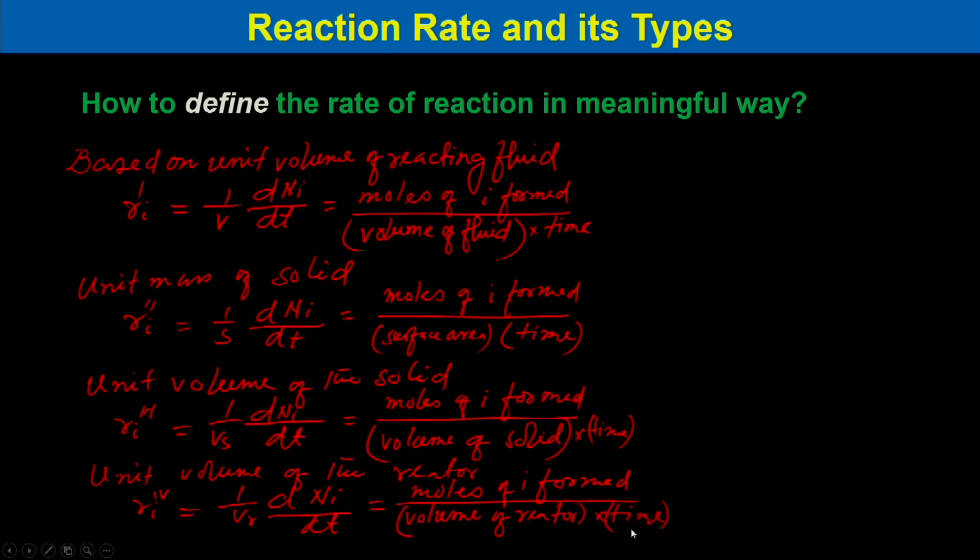These definitions you will get in chapter 1 of the Levenspiel book, and I am just highlighting them here.